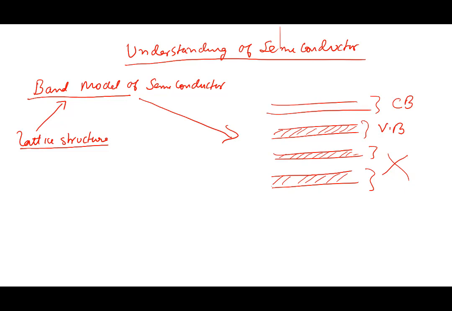So if I take this particular band full of electrons, we are saying it is completely full of electrons, and we are ignoring it. We are saying there are a huge number of electrons, and it doesn't really matter. They are not mobile.